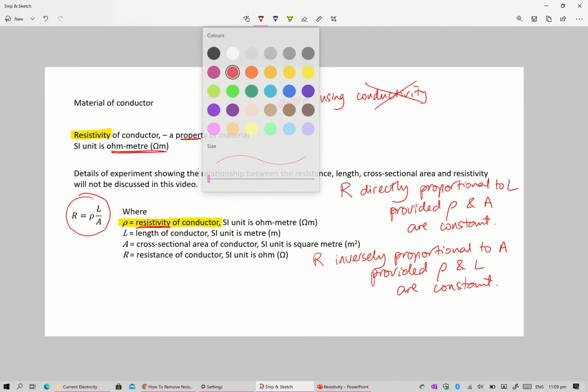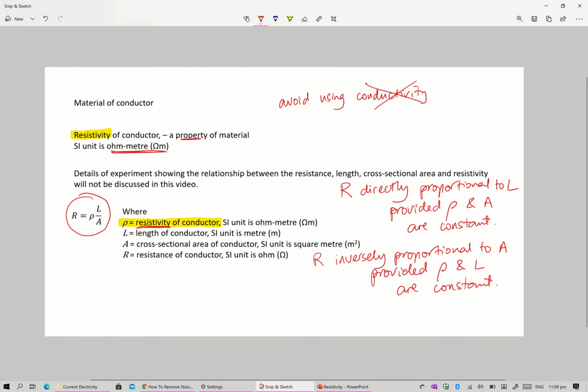And to express it mathematically, I think by now you all should know this. R is directly proportional to L, and R is inversely proportional to A. So this is it for resistivity.